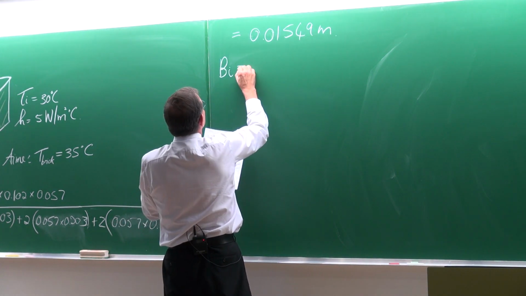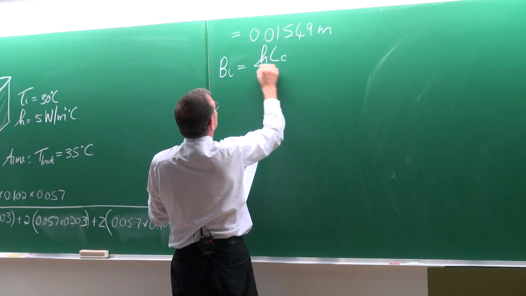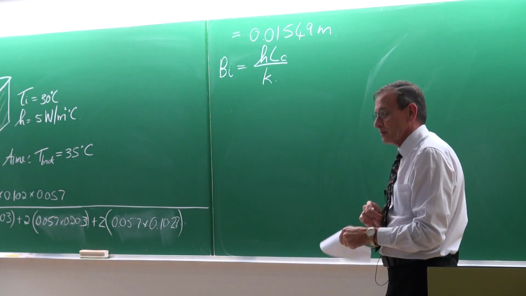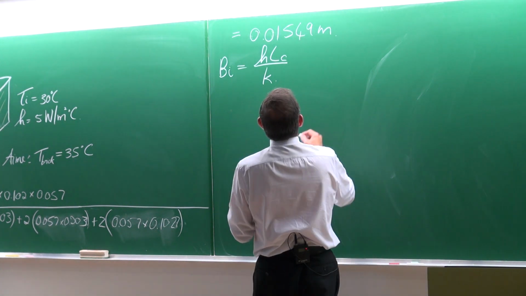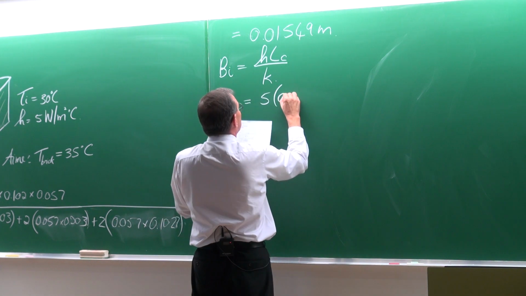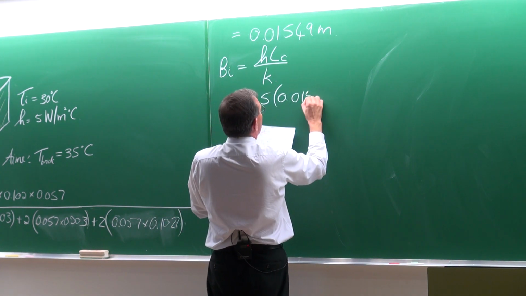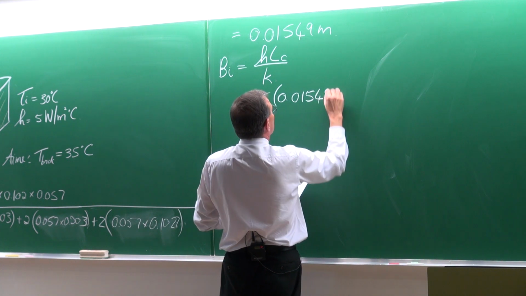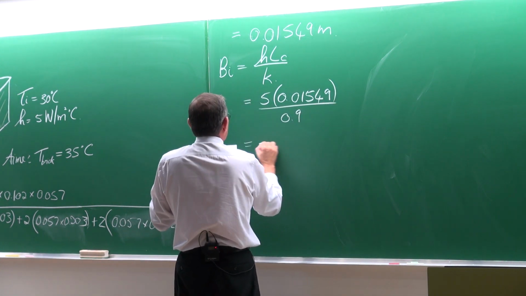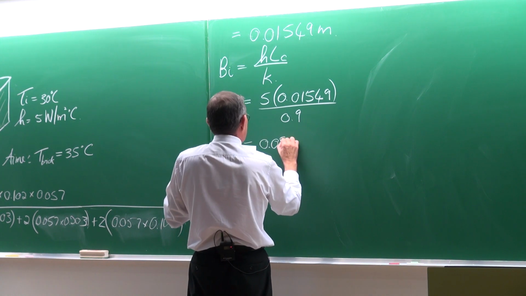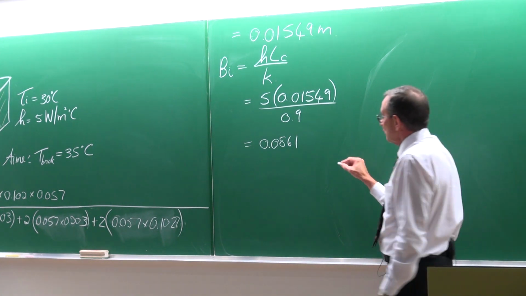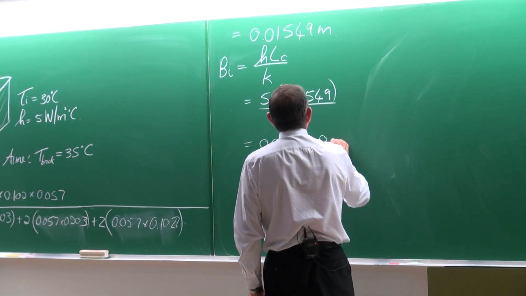The Biot number is equal to the heat transfer coefficient multiplied by the characteristic length divided by the thermal conductivity, which is equal to 5 multiplied by 0.01549 divided by 0.9, and that is equal to 0.0861, okay, which is smaller than 0.1.